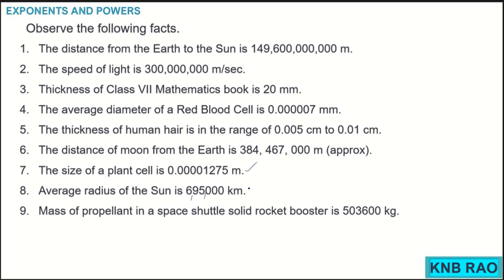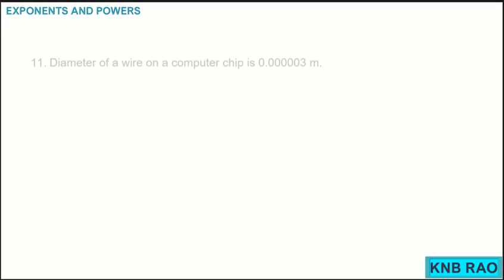Mass of propellant in a space shuttle solid rocket booster is 503,600 kg. Then the thickness of a piece of paper is somewhere around 0.0016 centimeter. These are some of the facts.